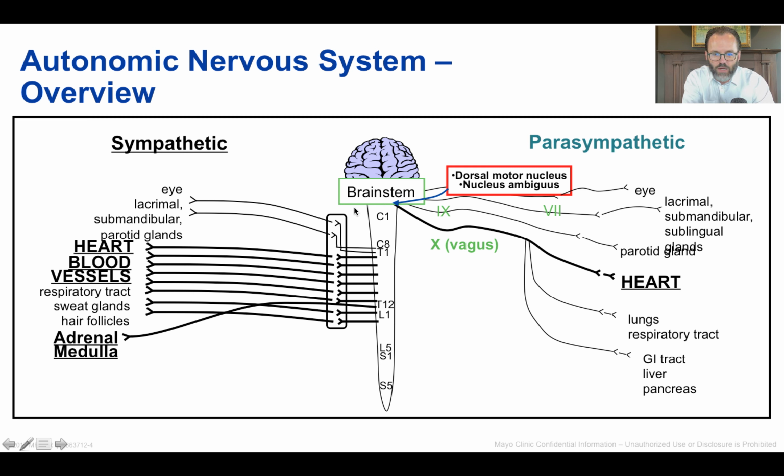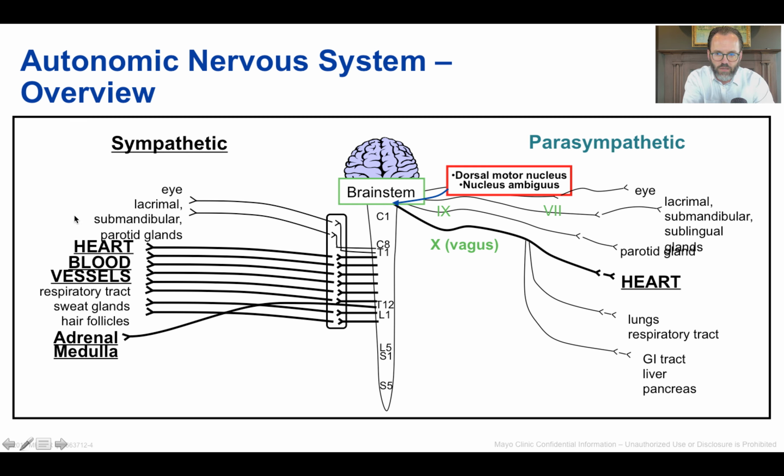Of course the main regulator and integrator here is in the brainstem, which we'll get to in subsequent lectures. But overall, what you can see is that with the sympathetic nervous system, we've got a short preganglionic component and a much longer postganglionic segment, and a reciprocal structure on the parasympathetic nervous system side.